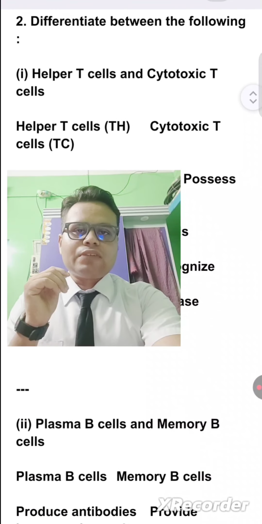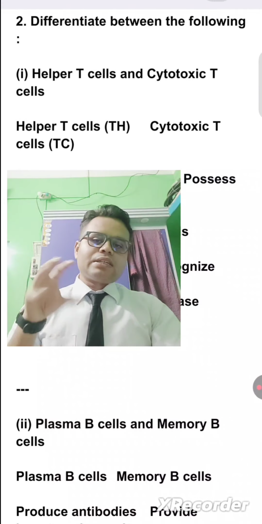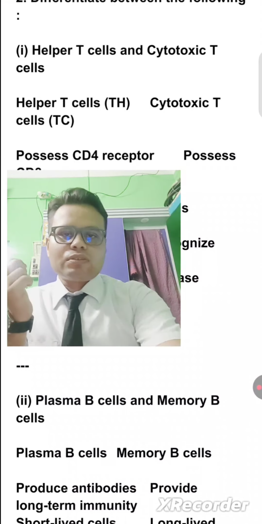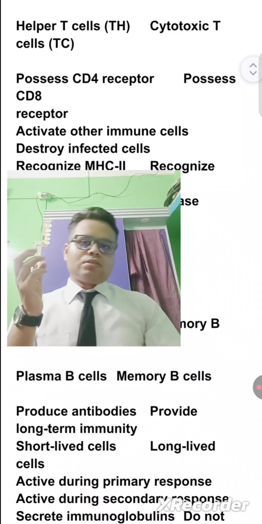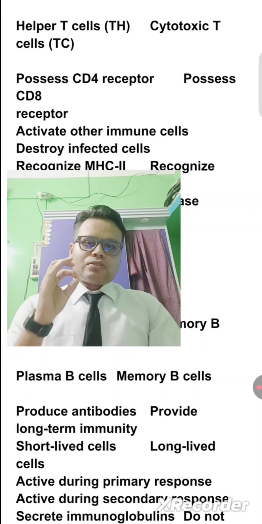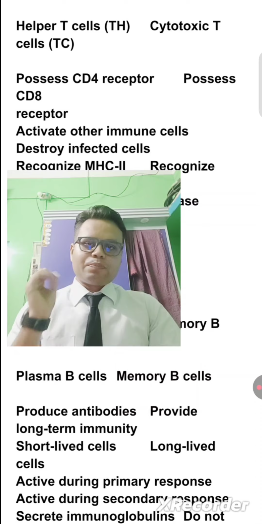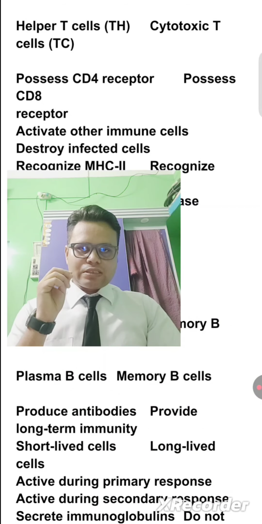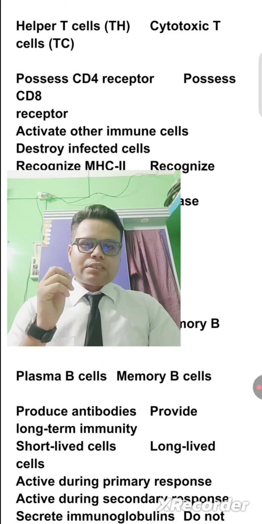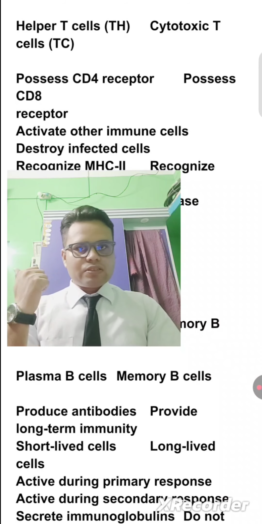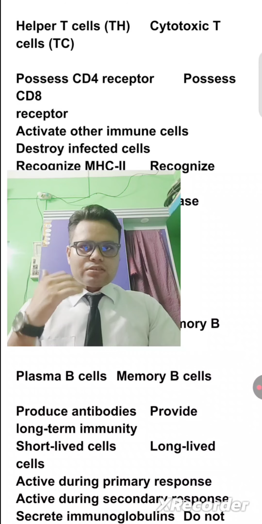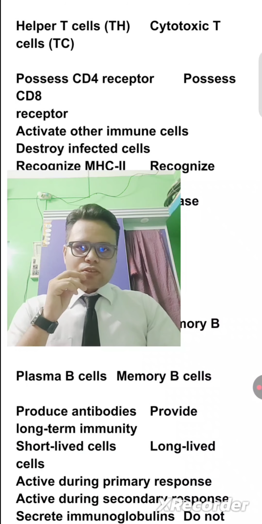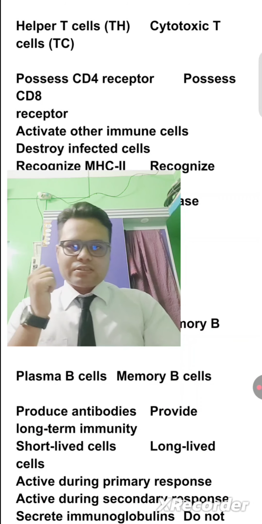So the difference you can write down in examination, helper T cells and cytotoxic T cells. What is the difference between them? In helper T cells there is the CD4 receptor, and in cytotoxic T cells it is the CD8. Helper T cells activate the other immune cells, but cytotoxic T cells destroy infected cells.